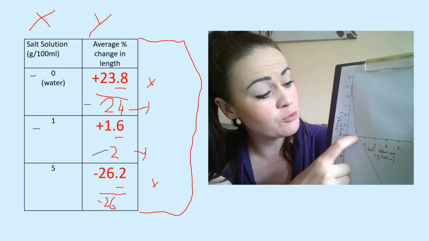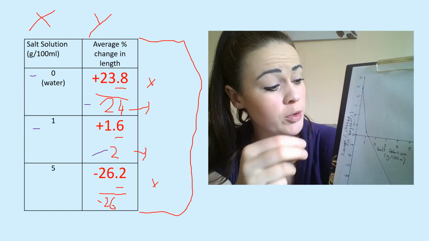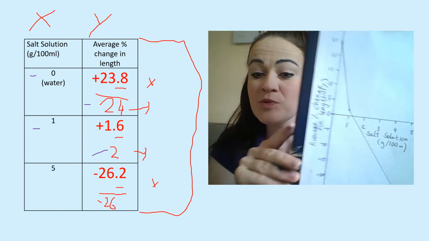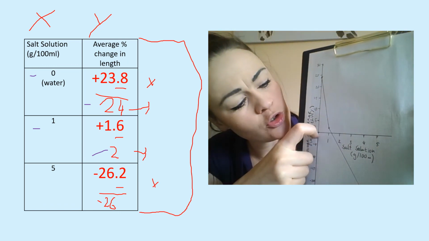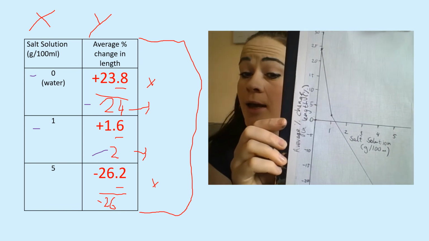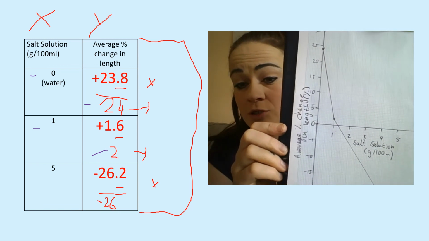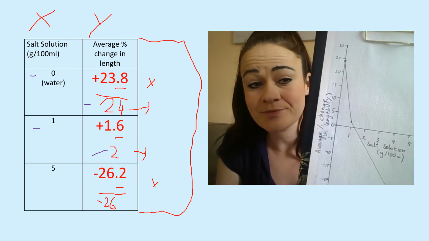So we could say that the potato has got a concentration of 1.3 grams of salt inside it. That's one of the sorts of things we can do when we look at these graphs. Where it passes no percentage change, that will indicate how much salt or water is inside the potato, because it's going to be equal to that solution because there's been no osmotic change.